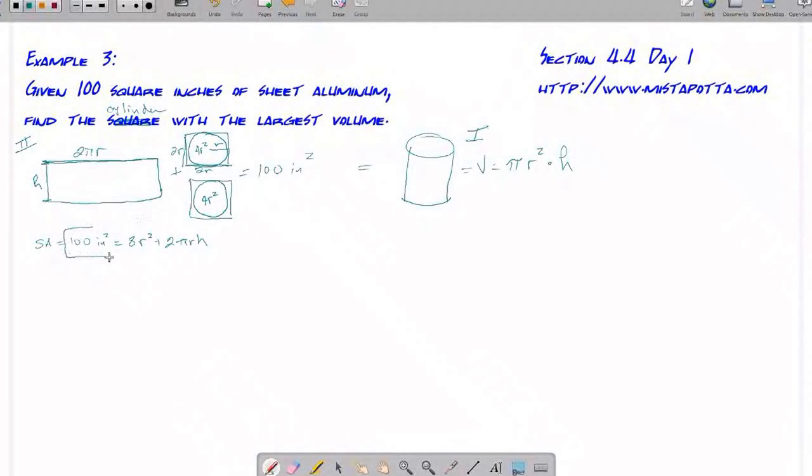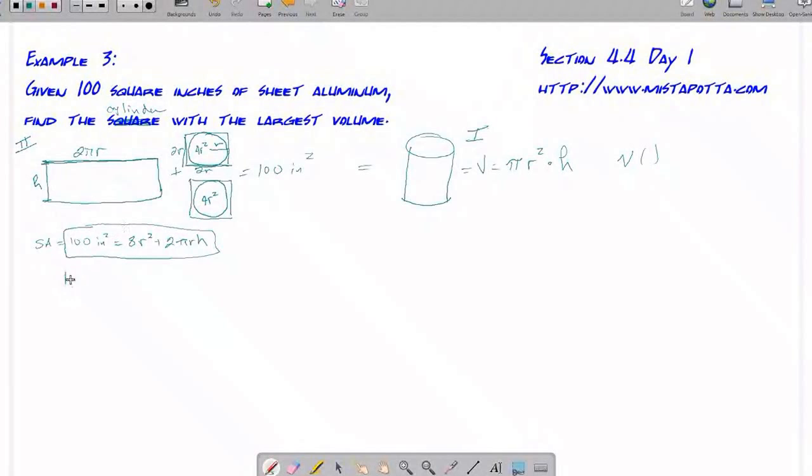This is what I'm going to have to do something with in order to get this to be one function of one independent variable. And because I've got r's and h's, looking at this equation, I think it's easier to isolate h than it is to isolate r.